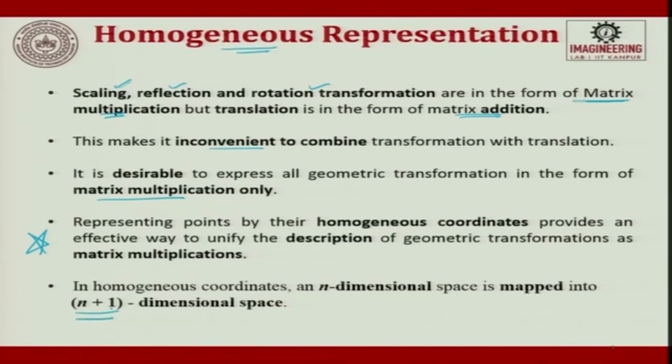This is what homogeneous representation is. If you have 2 cross 2, you will write it as 3 cross 3. When you have a 3 dimensional object, you write it in 4 cross 4. Here we are converting into matrix multiplication form.